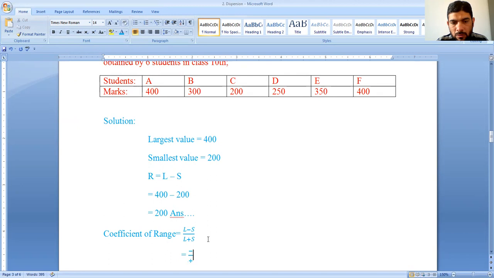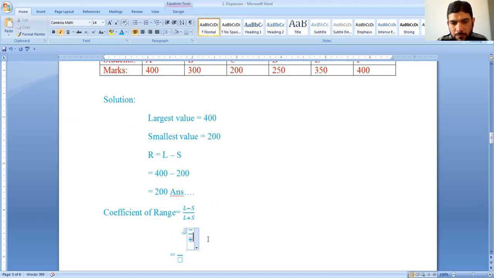These are very simple type questions based on range. Each and every series has very simple types of questions. For the coefficient, 400 minus 200 upon 400 plus 200.